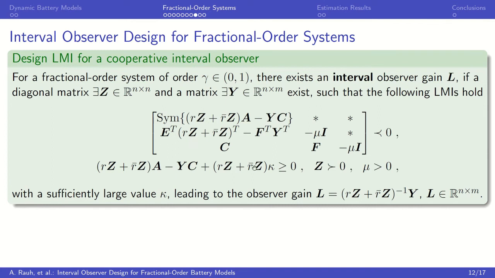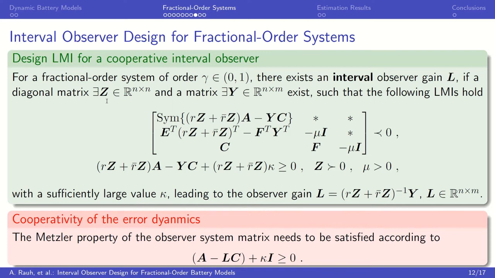This can be achieved by introducing a sufficiently large parameter value kappa, and if we found such a parameter value kappa in addition with a matrix Z that is positive definite, we can further on compute the corresponding interval observer gain L. Here we have restricted ourselves to a purely diagonal matrix Z in order to be able to avoid bilinear couplings between multiple unknown matrices.